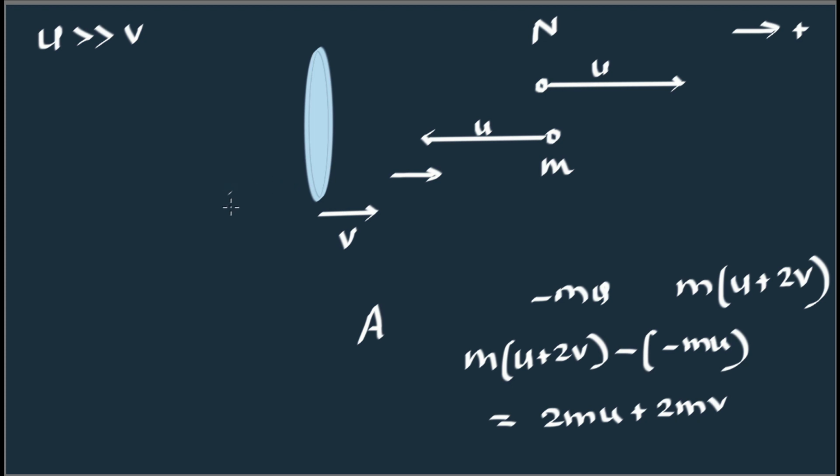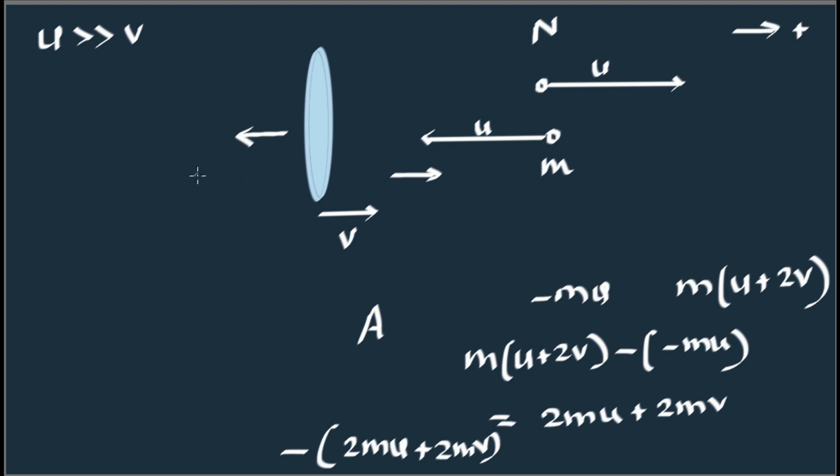So the momentum gained by the disk is minus of 2mu plus 2mv. The minus sign tells me that when this molecule collides and bounces back, the disk gains a momentum of 2mu plus 2mv to the left. The minus says it's to the left. So the momentum delivered is 2mu plus 2mv per molecule to the left.